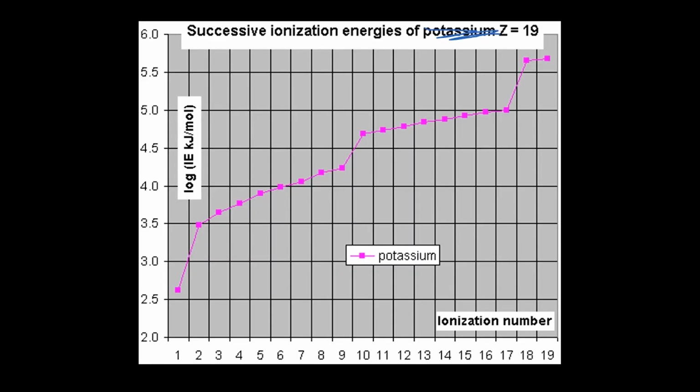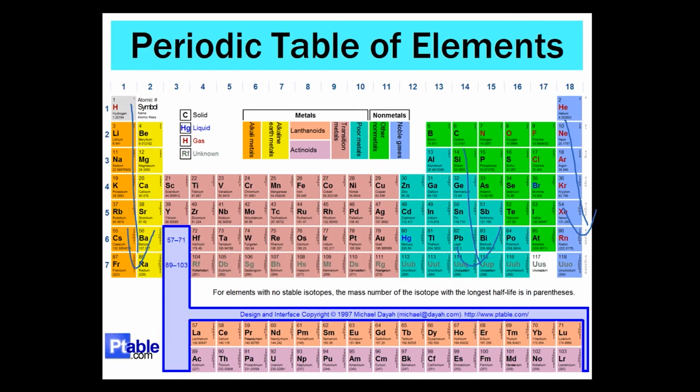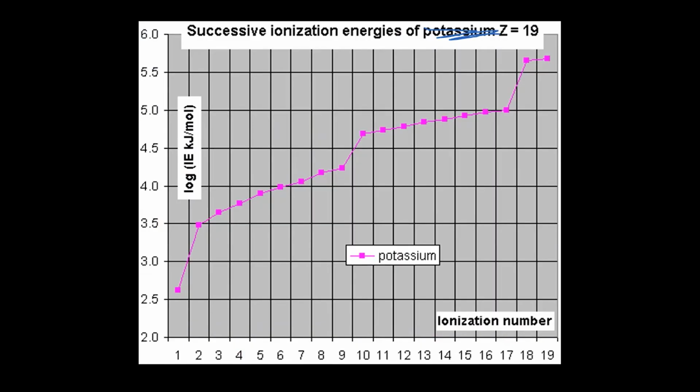Then as you move 18, 17, 16, 15, 14, 13, 12, 11, and then 10, it goes to neon, and there's another jump, 2 jumps, because it's on the noble gas.